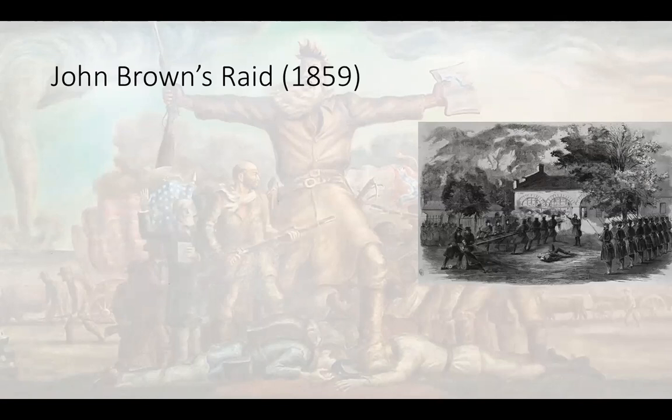Now, things will eventually come to a violent point, which they kind of already did in Kansas, but John Brown's back. And in 1859, he wants to take over a federal arsenal, which is where they hold a bunch of weapons in Virginia, dangerously close to Washington, D.C. And he's hoping that a bunch of slaves will come and aid him in this insurrection.